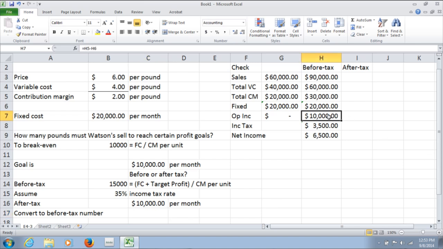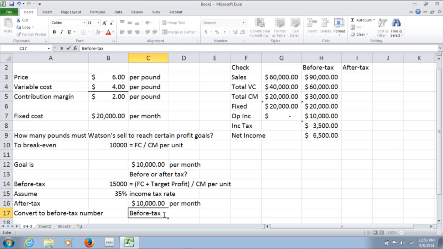So notice over here, the relationship is we would have the before tax number minus 35% of that number gives us the after tax number.